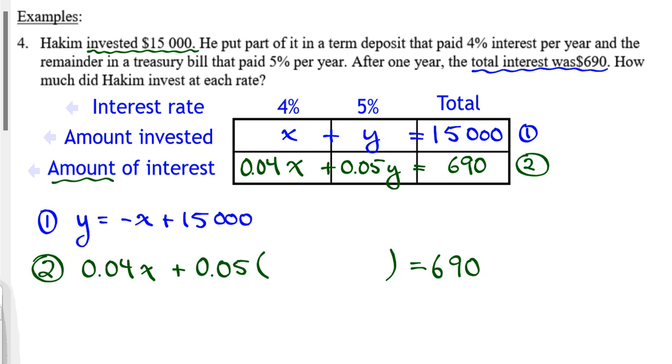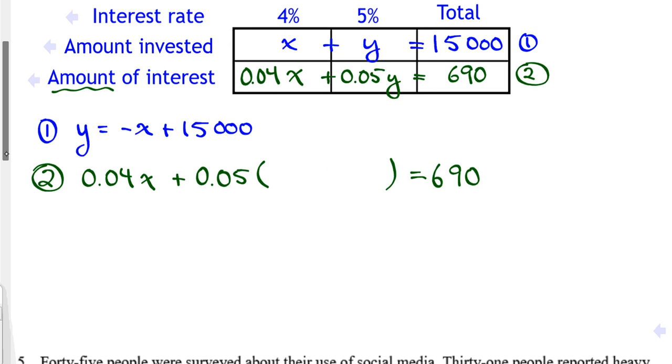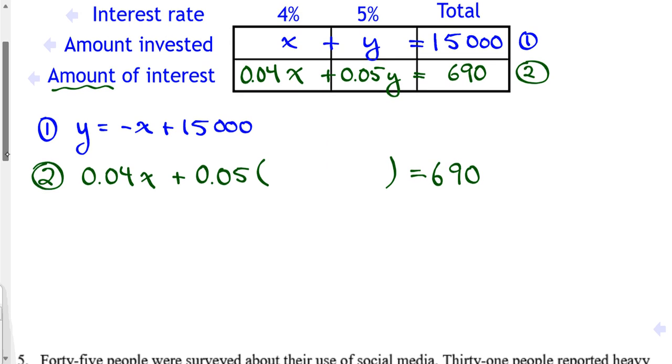Here you can see I've begun the question. I've isolated the y in the first equation, and then I've set up the second equation to substitute that expression that's equivalent to y, negative x plus 15,000, in. Then I will distribute this 0.05 into the brackets and go through and solve for x.